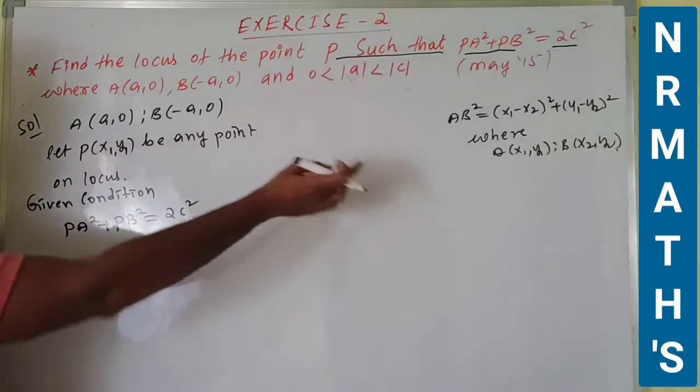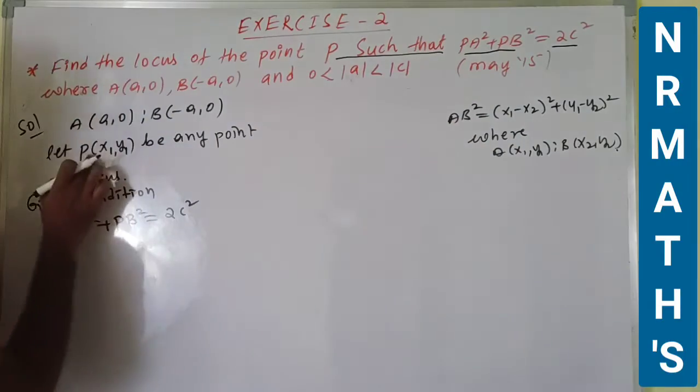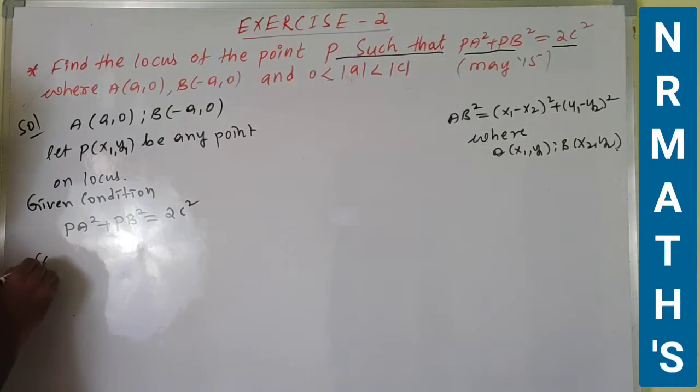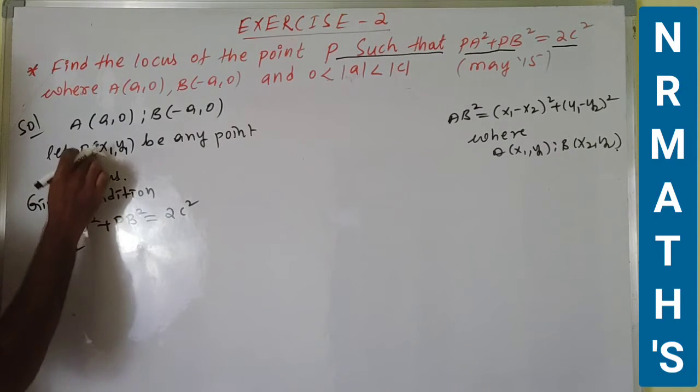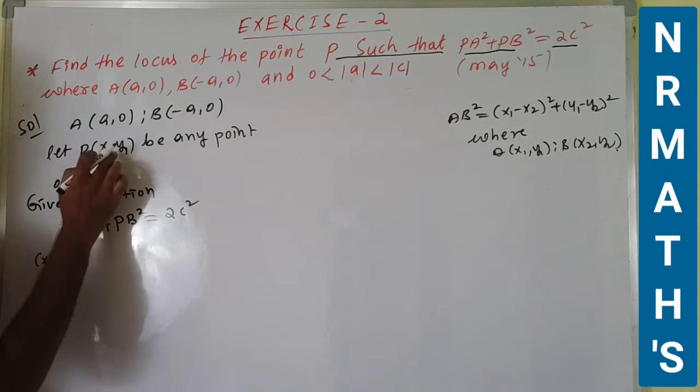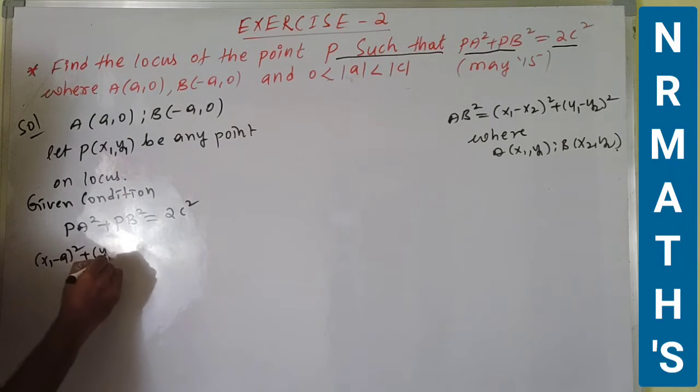Here P is (x1, y1) and A is (a, 0), so PA square is (x1 minus a) whole square plus (y1 minus 0) whole square. PA square is completed.